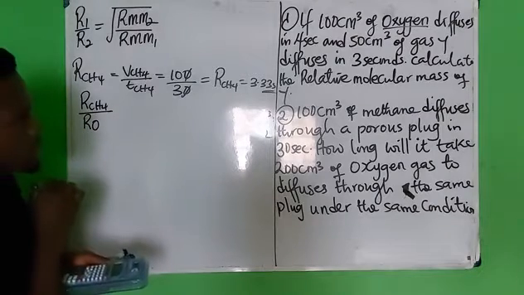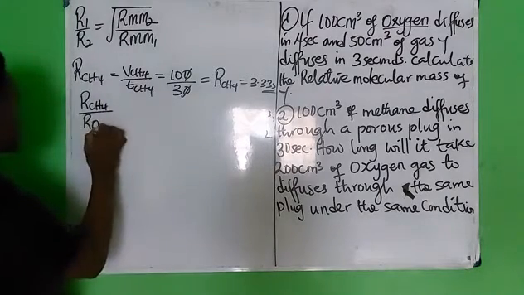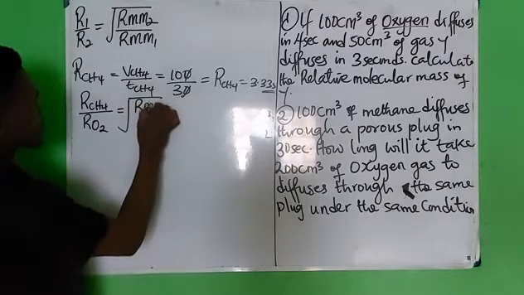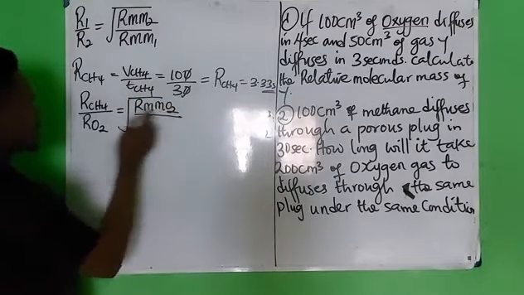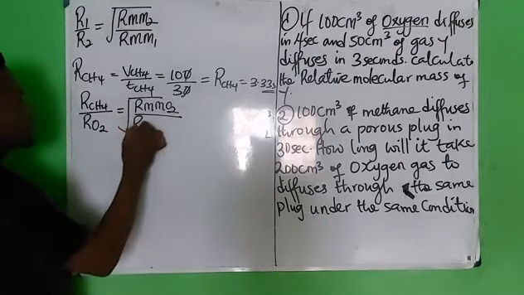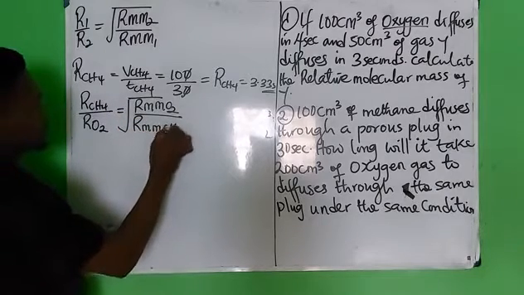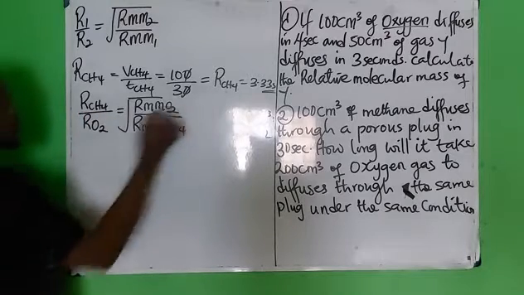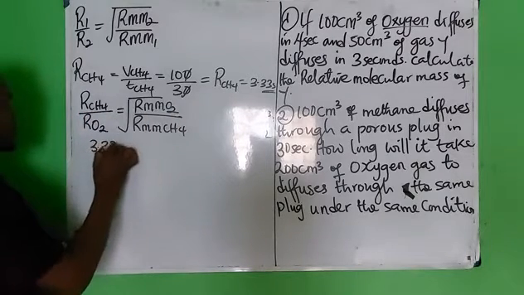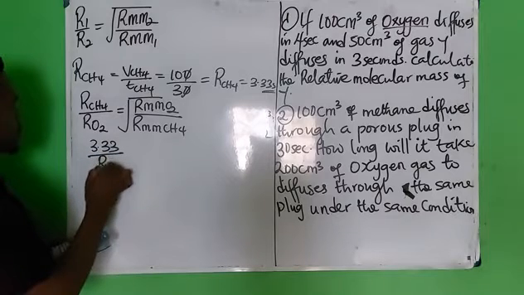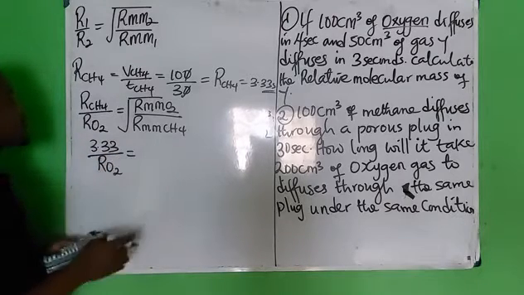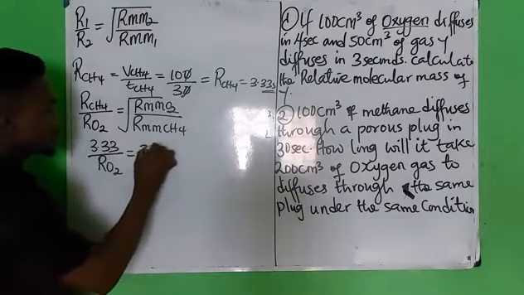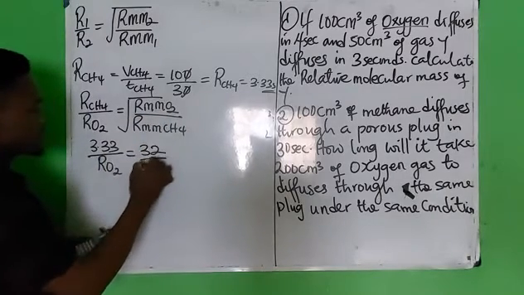Therefore, you say rate of methane to rate of oxygen equals the square root of the relative molecular mass of oxygen over the relative molecular mass of methane. So what do you do next? Rate of methane gotten is 3.33 over rate of oxygen equals the relative molecular mass of oxygen, which is 32, and that of methane, which is 16.